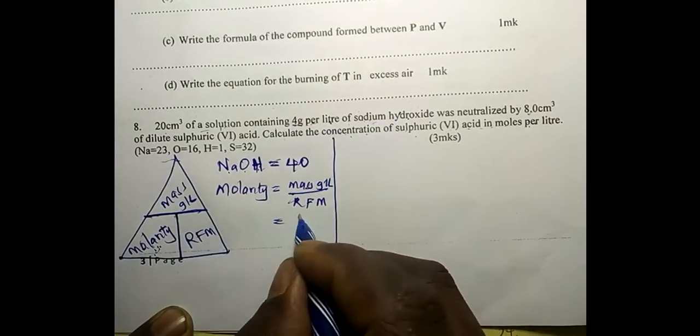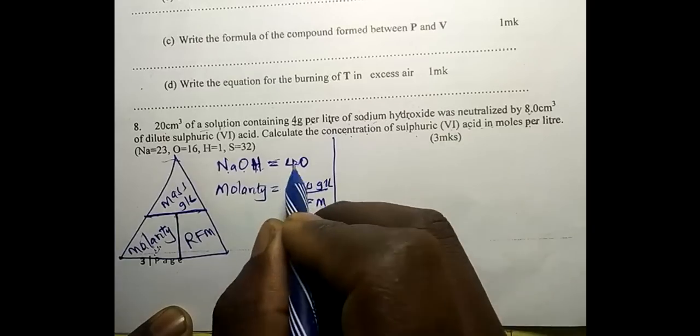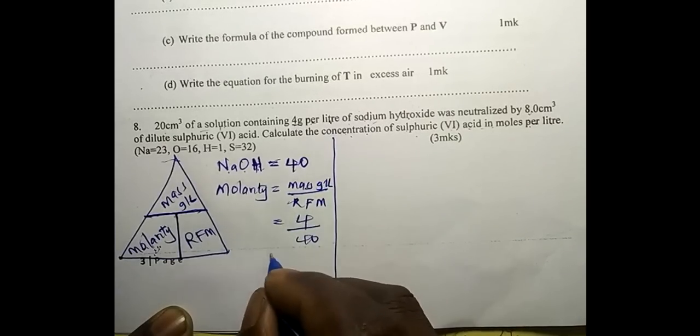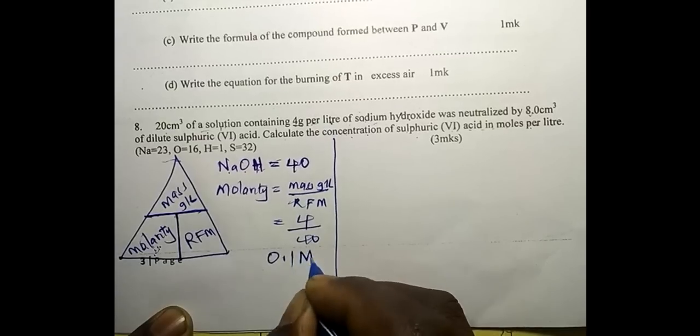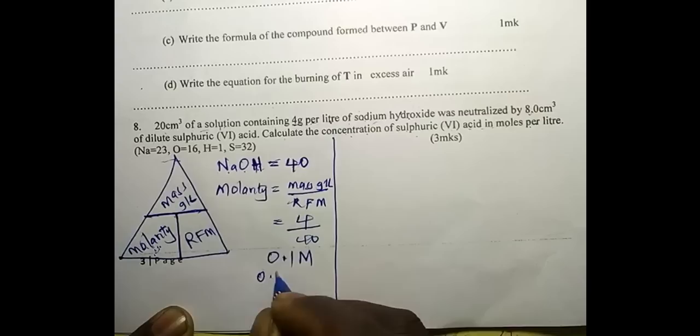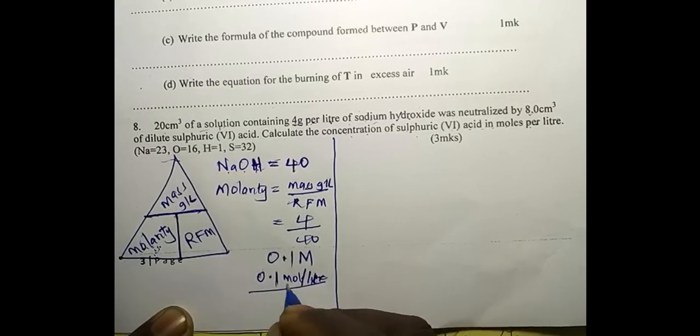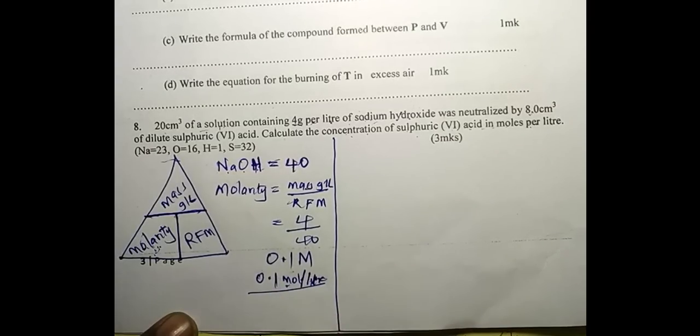So we have that 4 divided by the RFM, which is 40. So the molarity of sodium hydroxide is 0.1 capital M, or 0.1 mole per liter. That is what we call molarity or concentration in moles per liter.